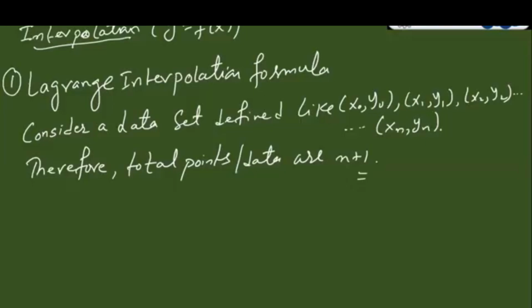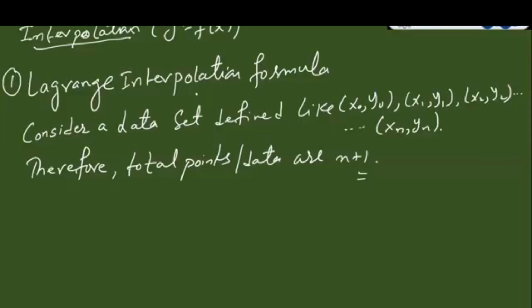Basically, interpolation means we have to find a function y equal to f of x that could be used to define this data set within a predefined error. So we try to find a function that can represent this data. This means that if I put x naught in that function, I have to get y naught. If I put x1 in this function, I have to get y1, and so on. The target is to find that function, with reasonable accuracy.